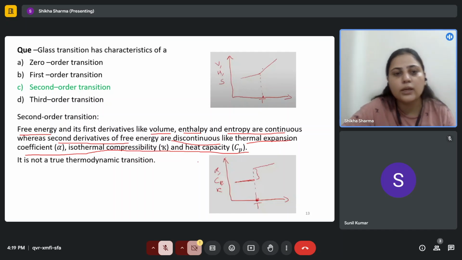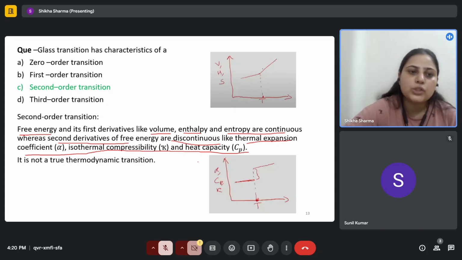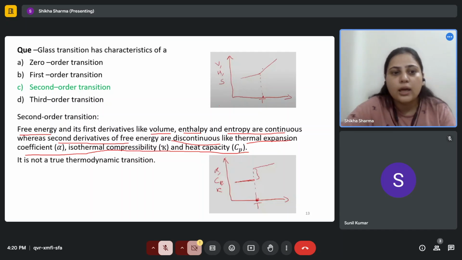So the second derivatives are discontinuous, whereas the first derivatives, volume, enthalpy, and entropy, are continuous. So the glass transition mostly behaves like a second order transition.